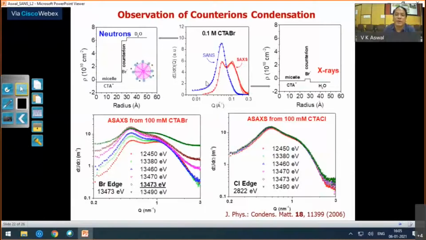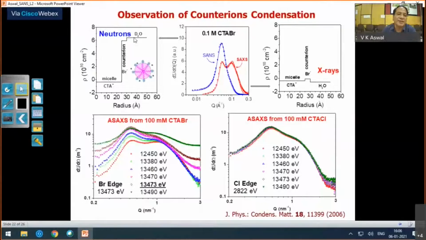So if you see, in the case of neutron, you have this kind of pattern, the blue curve. And in the case of X-ray, you are seeing this. So mostly this hump is coming because of the shell structure seen by the X-rays. And then what you model is this kind of scattering length density distribution. So in the case of neutrons, scattering depends on the difference of scattering length density of components with respect to the medium.